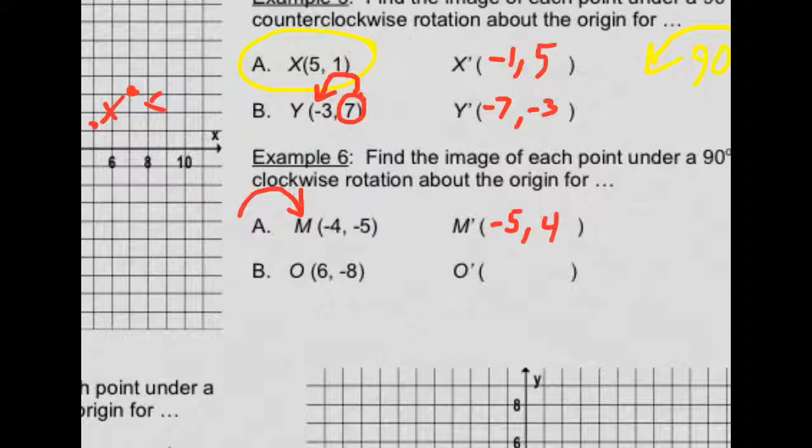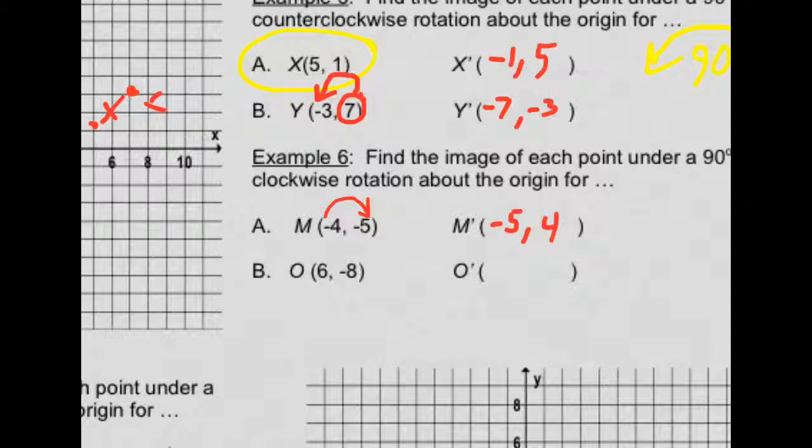Let's see if our little arrow trick works for this. So we had our negative 4, and it was shifted over and changed according to our clockwise arrow. So yep, it was shifted over and changed over there to positive 4. And then our 5, negative 5, was just pushed over to the x's position.